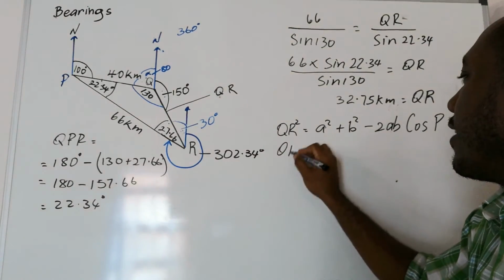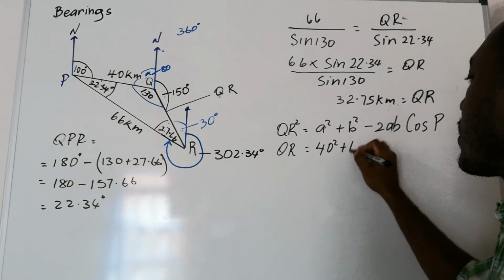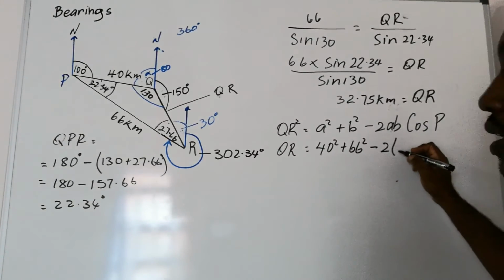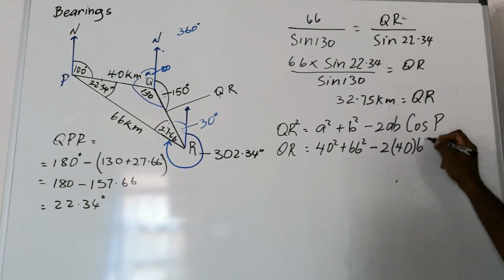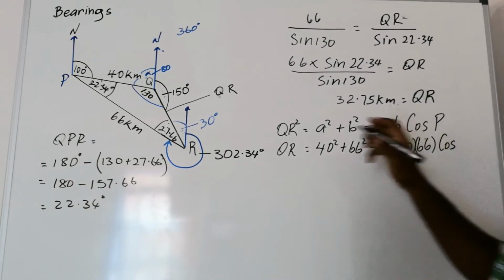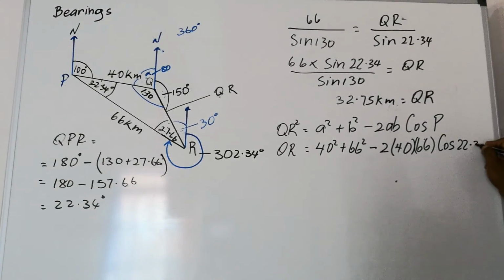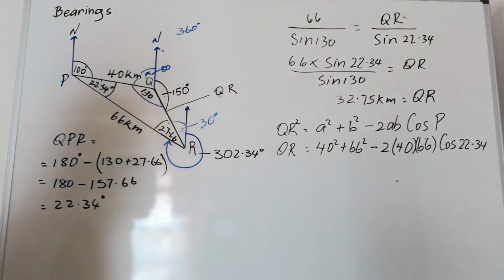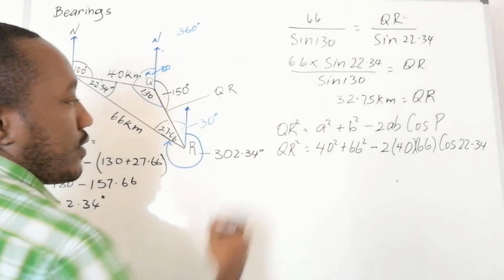So QR squared is equal to 40 squared plus 66 squared minus 2 times 40 times 66 cos 22.34, the angle opposite the side we need. So what you could do is pause again and work out to see if we have the same answer.